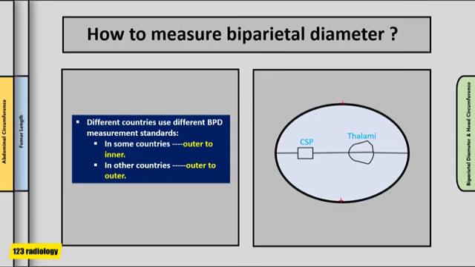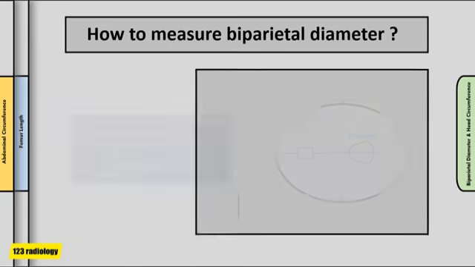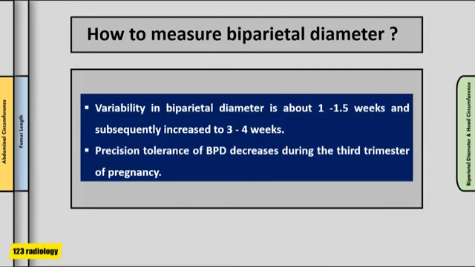While in other countries, it is measured from the outer edge of the proximal parietal bone to the outer edge of the distal parietal bone, outer to outer. The variability in biparietal diameter is about 1 to 1.5 weeks, and subsequently increases to 3 to 4 weeks. The precision tolerance of biparietal diameter decreases during the 3rd trimester of pregnancy.